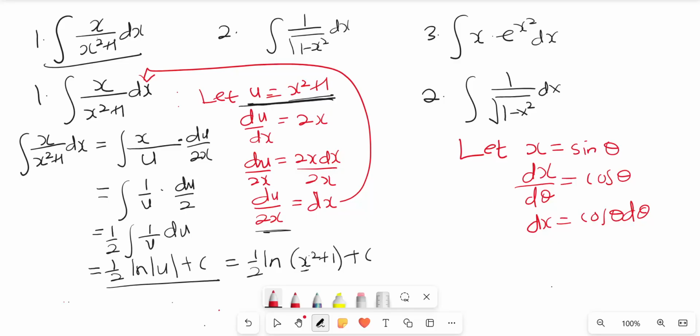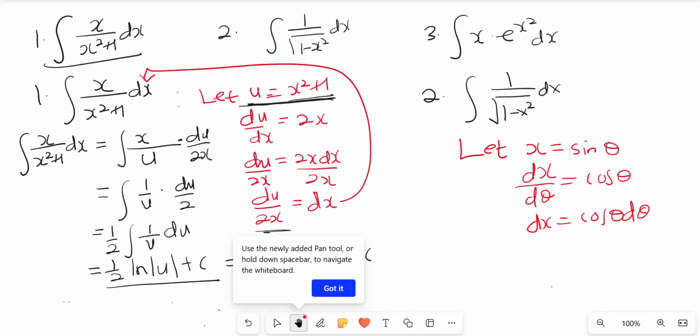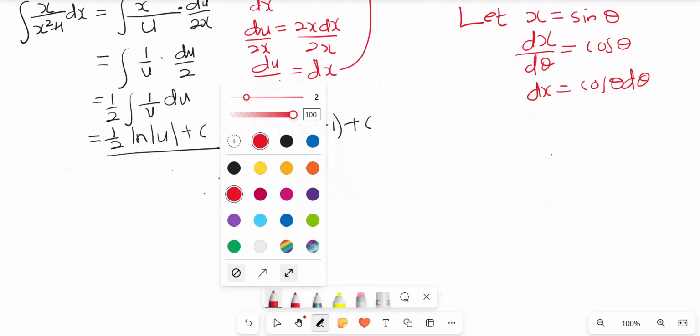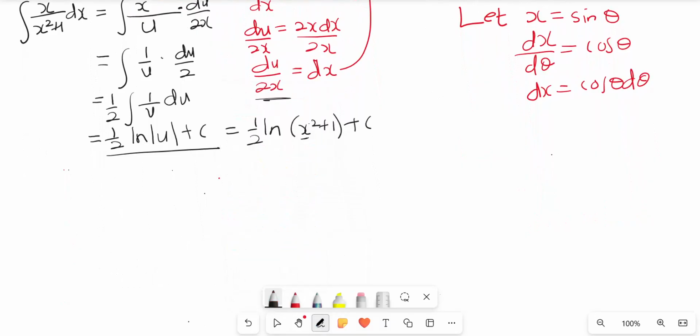So we are now going to move from the x world into the theta world. So we have the integral of 1 over the square root of 1 minus x squared dx should be equal to integral of 1 over square root of 1 minus x squared, but x is sine theta, so that should be sine theta squared.